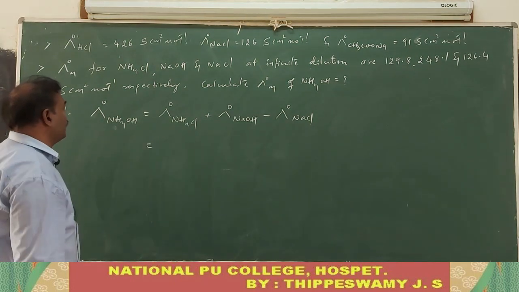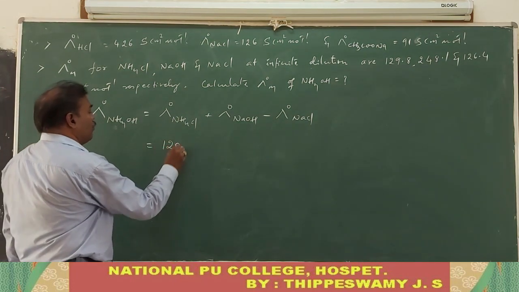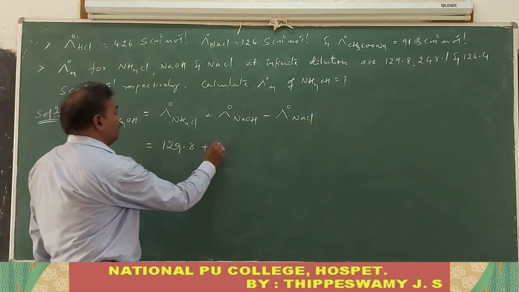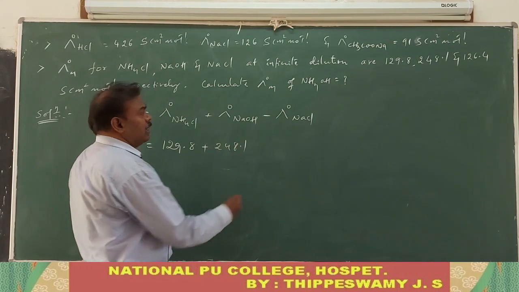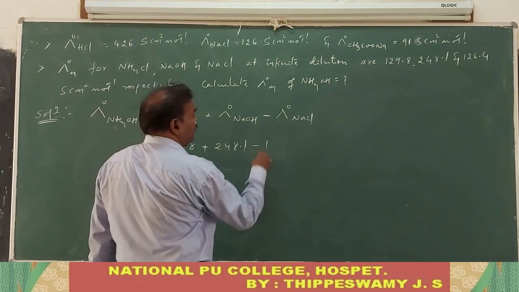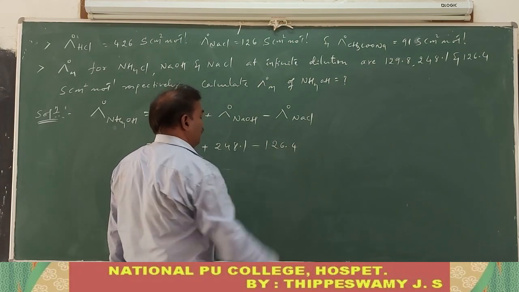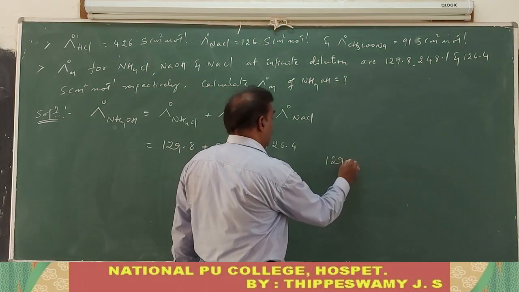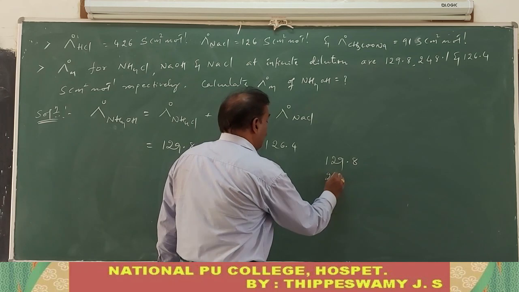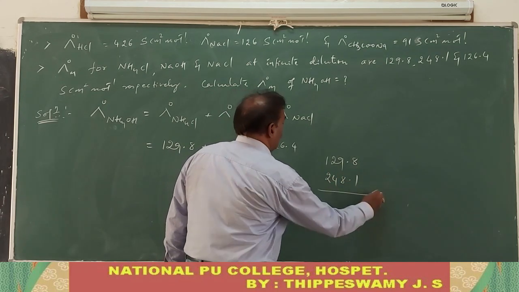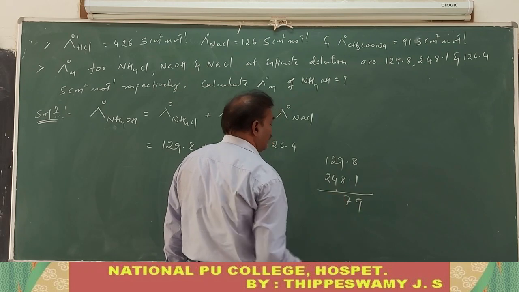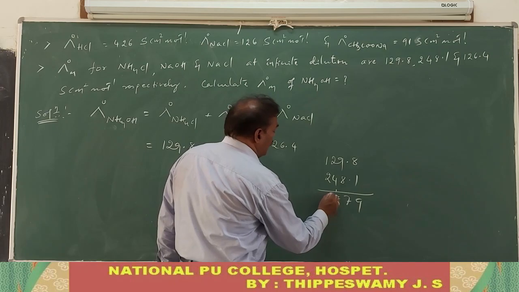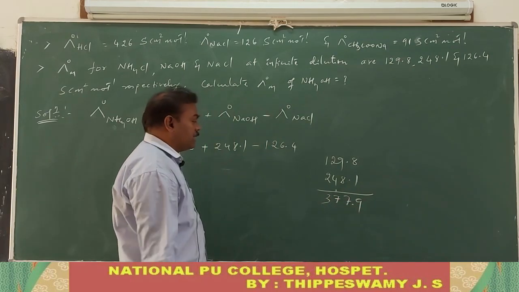The limiting molar conductivity of NH4Cl is 129.8, plus the limiting molar conductivity of NaOH, 248.1, and minus the limiting molar conductivity of NaCl, 126.4. Now simplify this. 129.8 plus 248.1: 9, then 17, 1, here 5 plus 2 is 7, and 3, 2 plus 1 is 3.9, that is 377.9.